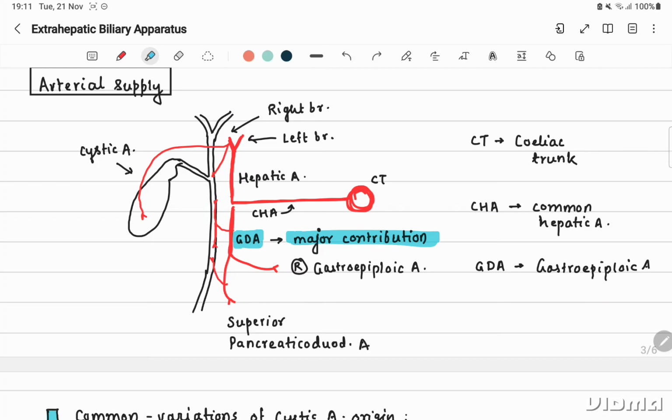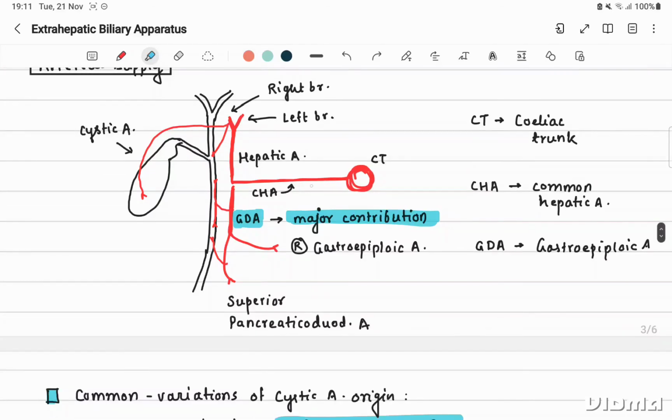Your common hepatic duct, CHD. Then let's trace other parts. The celiac trunk is giving another branch, which is the gastroduodenal artery. It's a major contribution to the extrahepatic biliary apparatus.